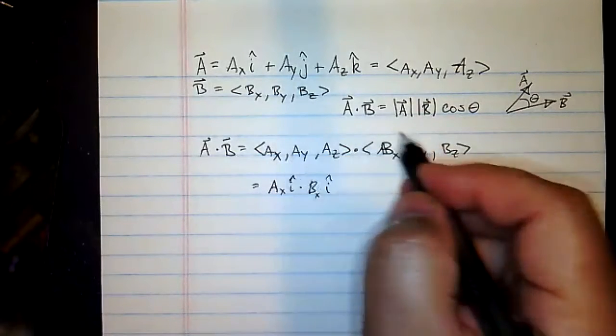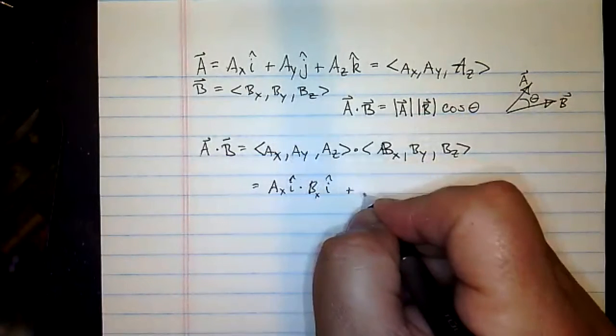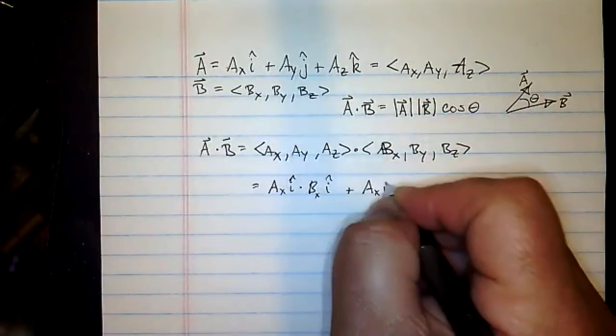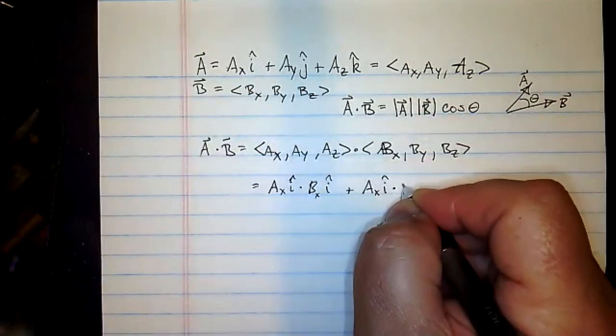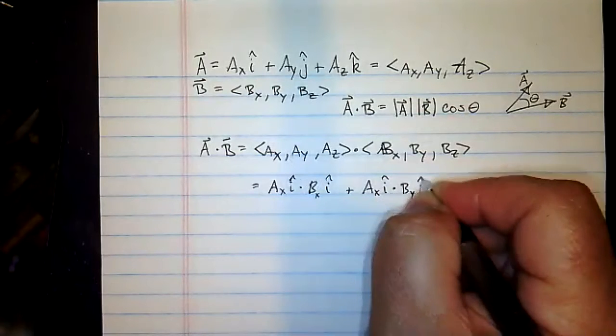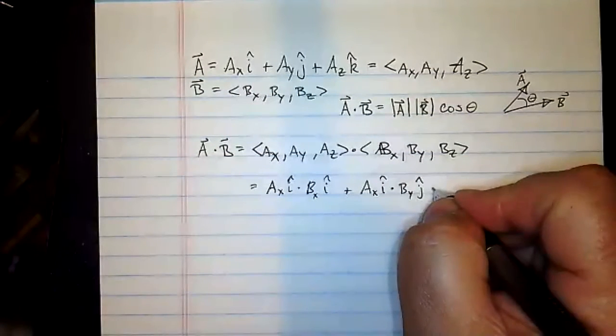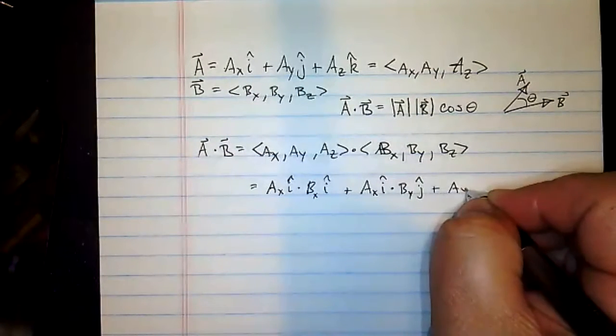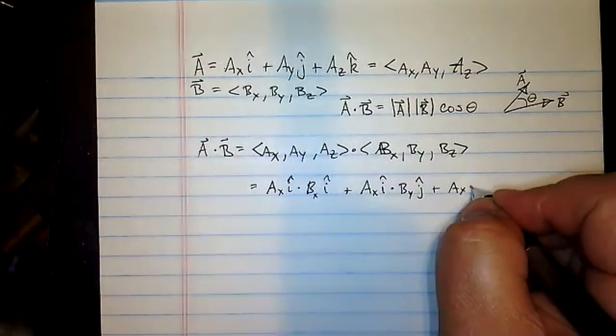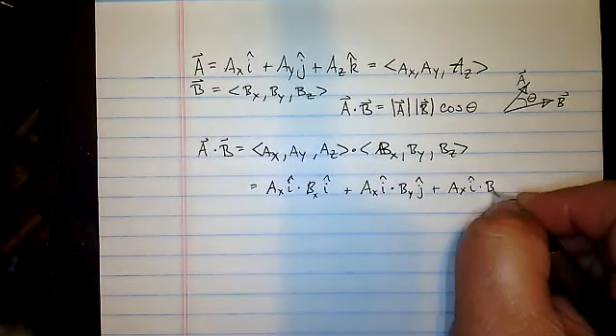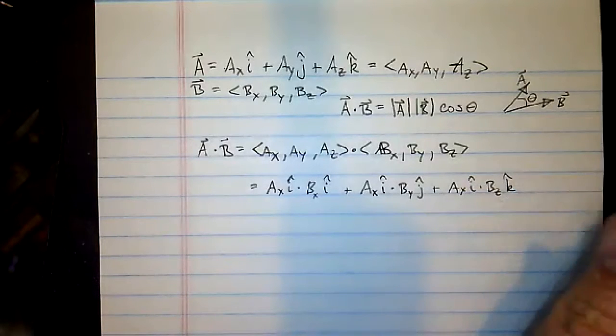Then you're going to take AX and let it hit the BY. You say plus AX i hat dotted with BY j hat. And then you take AX i hat dotted with BZ k hat.